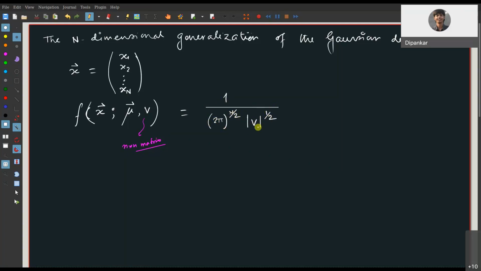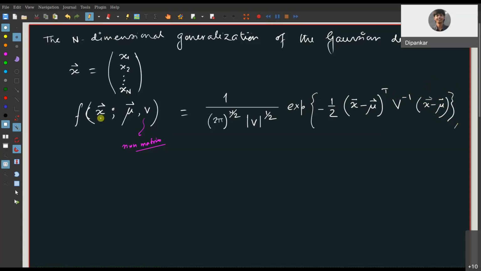This mod V basically means the determinant of V. Okay, so V is a matrix, and this is the determinant of V, and then exponential minus half, and (x minus mu) transpose V inverse, the inverse matrix, (x minus mu). Okay, so this is my distribution in terms of x1, x2, up to xn.